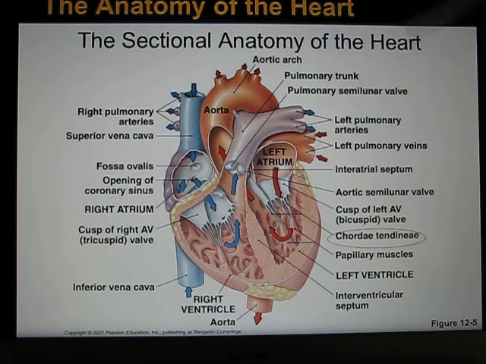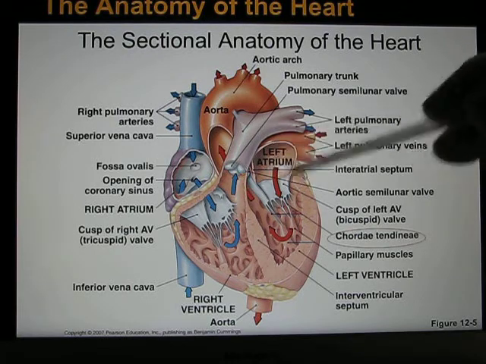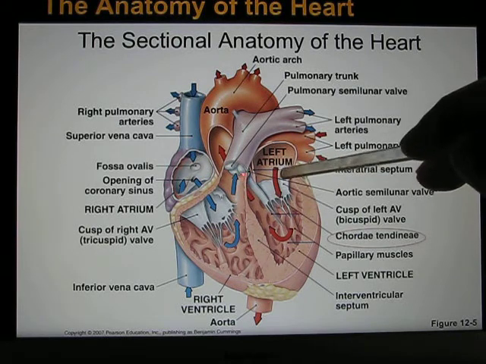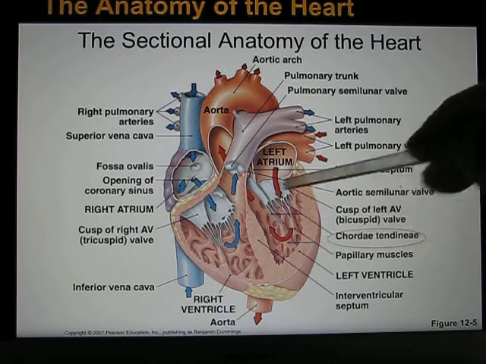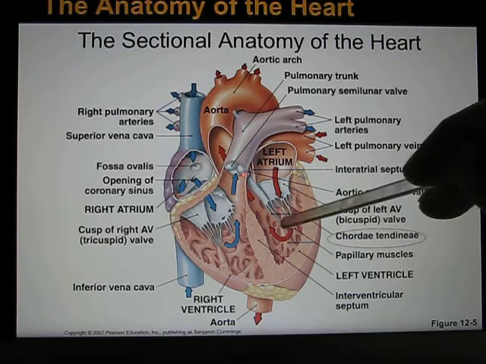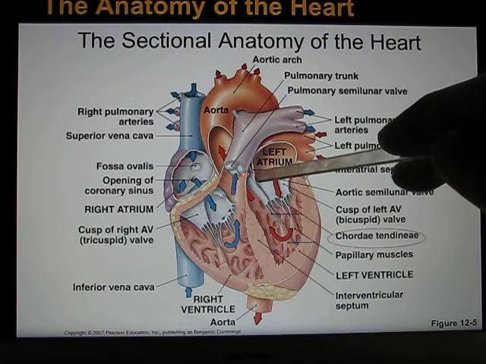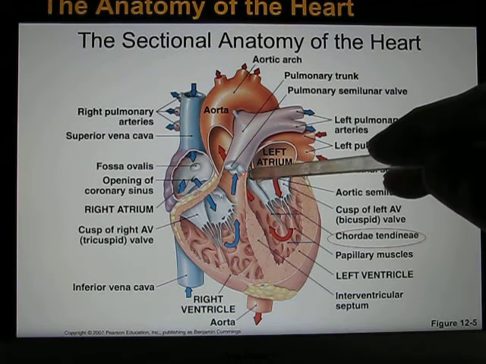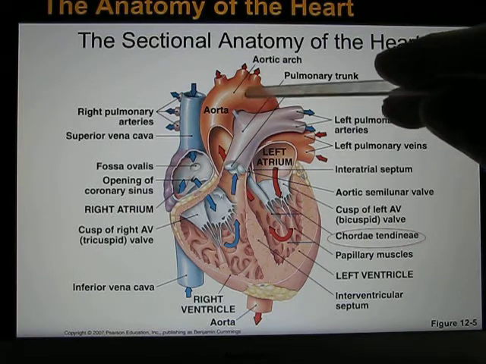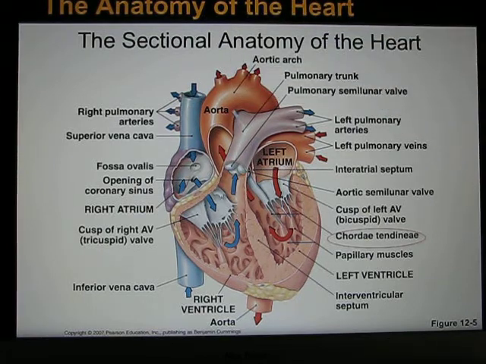After they carry oxygen, they will go to the left side from the pulmonary vein, go to the left atrium, go through the bicuspid valve, and go to the left ventricle. From the left ventricle, it's ready to send out to the whole body. It will go through the aortic semilunar valve, the one hidden behind here, and go to the aorta. From the aorta, go to the whole body.